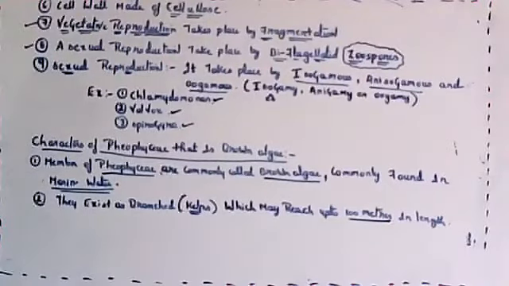So do pigments B, C, and D give color to algae? Yes, these pigments only. They are the ones who give color to the different kinds of algae. Based on the pigment, it is classified as green, brown, and red.